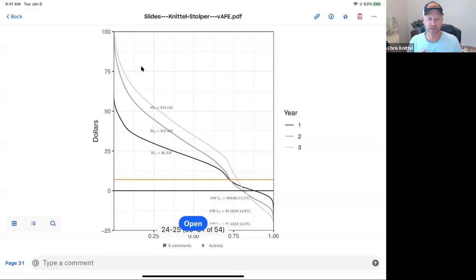We can calculate the maximized welfare in year 1 is 6.3 million. The deadweight loss to sending it to everyone is 824,000, about 13% of the maximized welfare. The maximized welfare over time is growing because the average treatment effects are growing, but so is the deadweight loss from sending it to everyone.